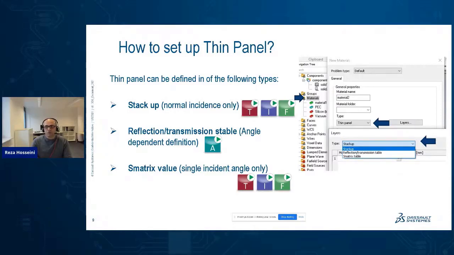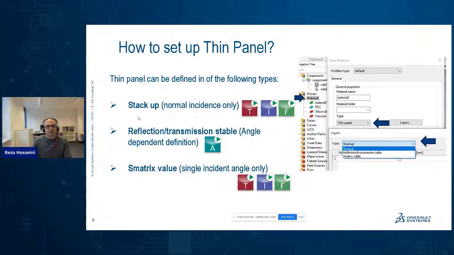Therefore, cPanel materials help to provide these options. This slide shows where we can find them and what types exist in CST. Inside the material, we have a cPanel, and there are basically three types. We can have a stack up, which also shows in which solvers they are supported.